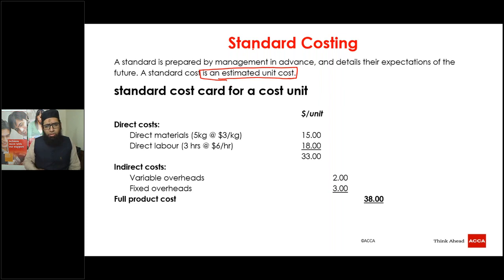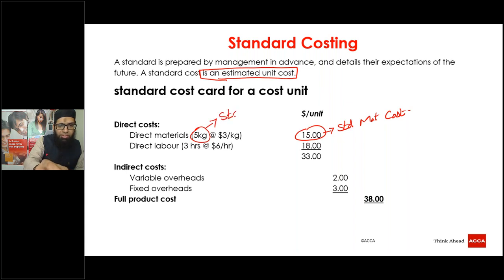So this is a standard cost card. In the standard cost card, this $15 will be known as the standard material cost. Within the standard material cost, this 5 kg will be known as standard usage, and the $3 per kg will be the standard price.